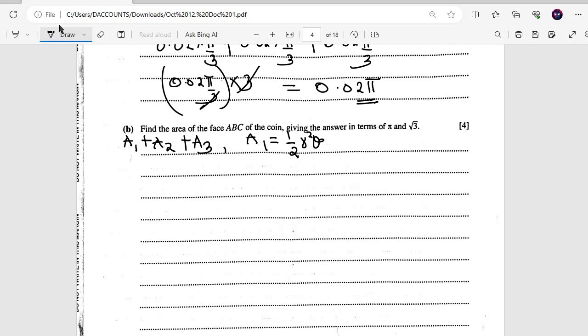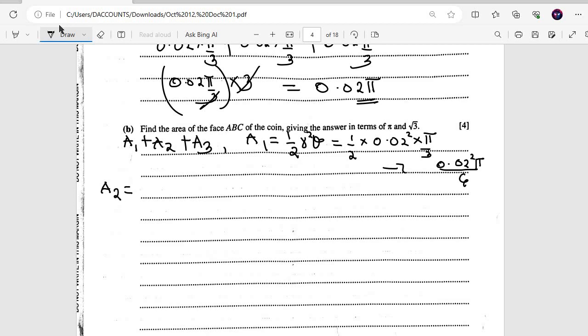Taking our radius to meter, 0.02 squared, and theta is pi over 3. At the end of the day, the area of the sector will be 0.02 squared pi over 6. That's A1.